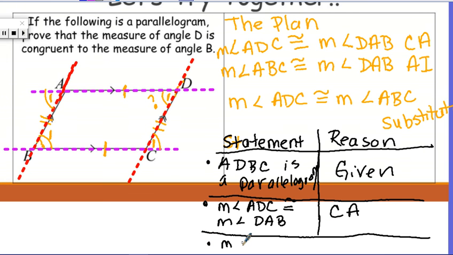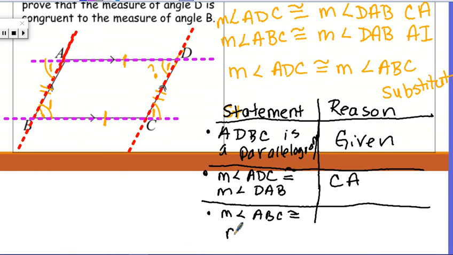And then the measure of ABC is congruent to the measure of angle DAB, and that's alternate interior angles.